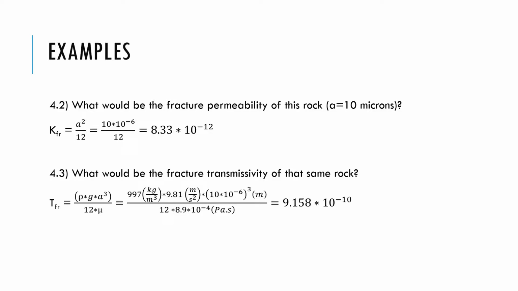Again, here I'm using all of the standard values, assuming that the fluid we are looking at is still exhibiting standard conditions. But these values can be different, especially the density and viscosity, depending on how deep and how much pressure they've been exhibiting. But if we use these values that are presented, we get 9.158 times 10 to the negative 10.